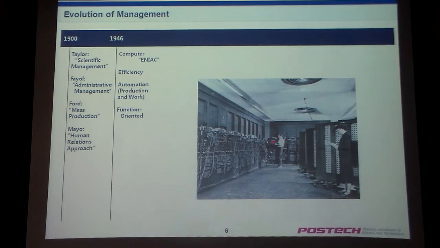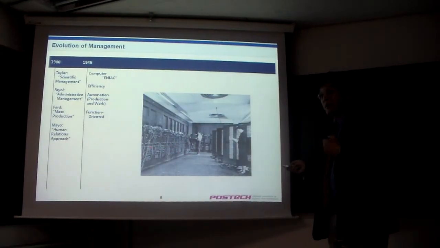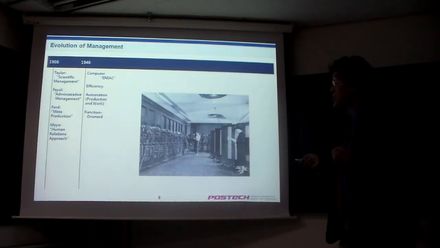Actually, the size of the computer is probably 3-4 times larger than this room, but the function is probably equivalent to your hand calculator right now. But this is an amazing advancement of technology.